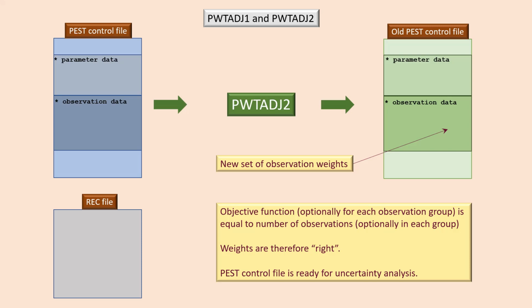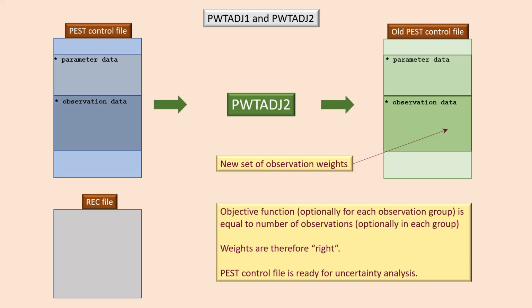Now, if for every observation the weight is the inverse of the standard deviation of measurement noise, and if it's measurement noise that determines the objective function, or more likely, we attribute model to measurement misfit to measurement noise, we calculate an objective function and just assume that whatever causes that misfit is measurement noise, which is not quite right, but we just call it that for convenience.